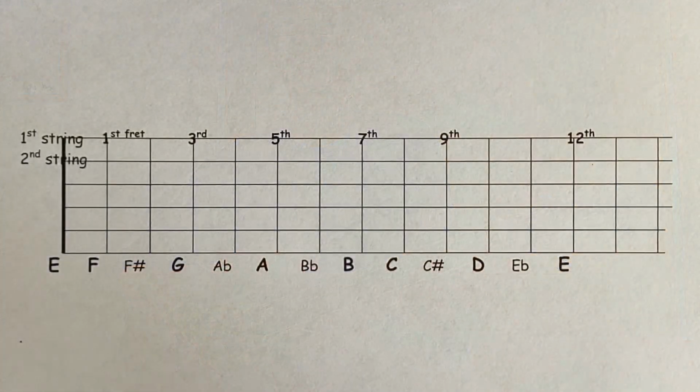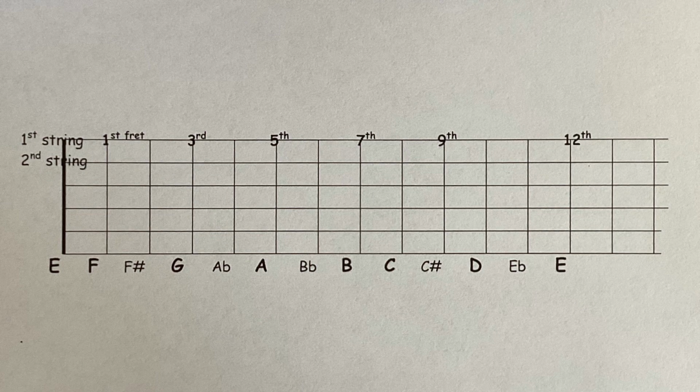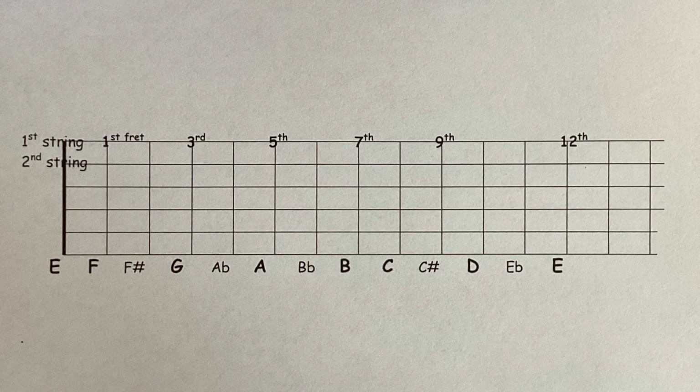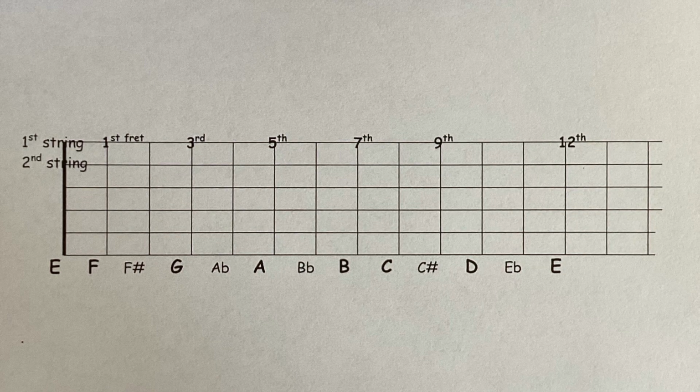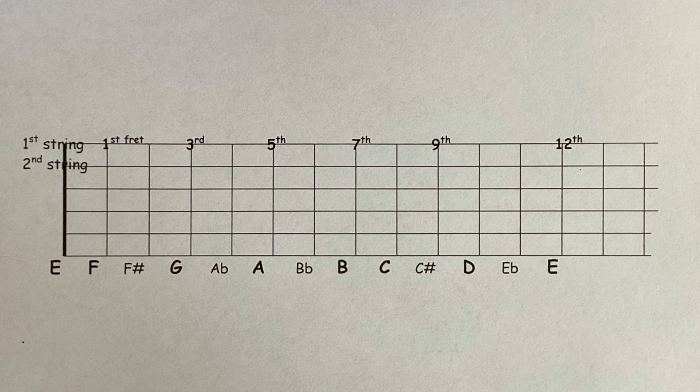Now, this is a diagram of the guitar fretboard. It's facing towards you. The bass string is at the bottom of the diagram with the notes marked on it. And you can see the first string and the second string, the thinnest 2 strings, are at the top of this diagram.